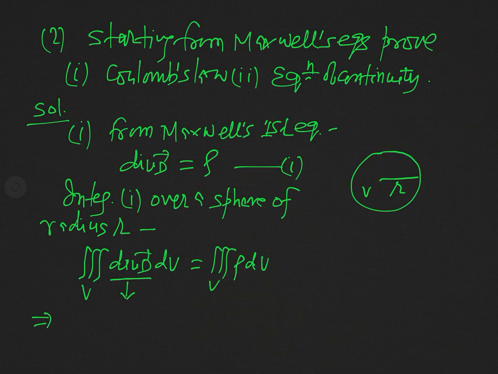So from Gauss's divergence theorem, the LHS of this equation will be written as integral over S, where S is this bounding surface, that is a spherical surface, D dot dS, and this is equal to Q. You know rho dV integrated over volume V will be equal to Q. And now we know that this electric displacement vector is related to the electric field vector.